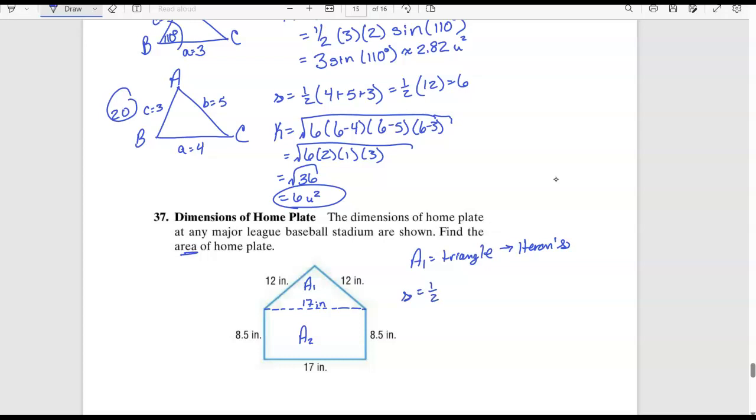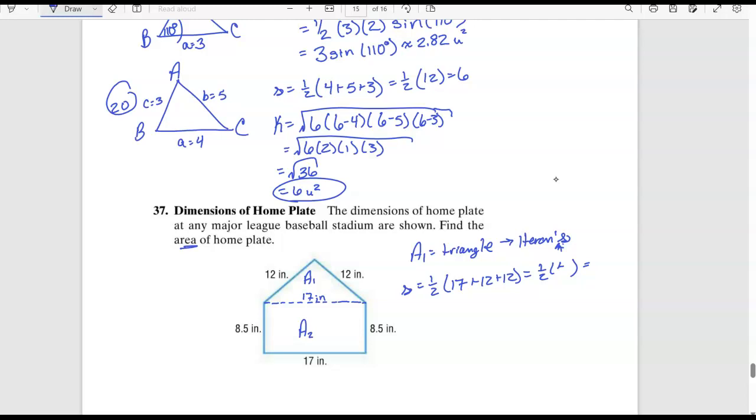So S is going to be 1/2 of 17 plus 12 plus 12, which is 1/2 of 41. I'm having difficulties with my pen. 41.